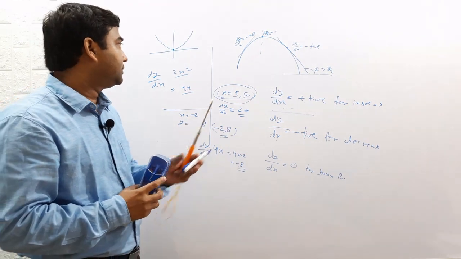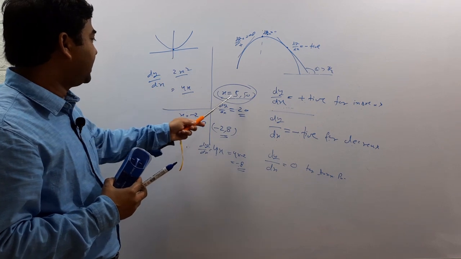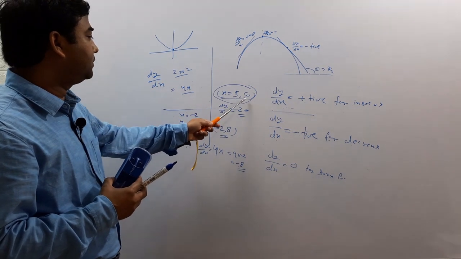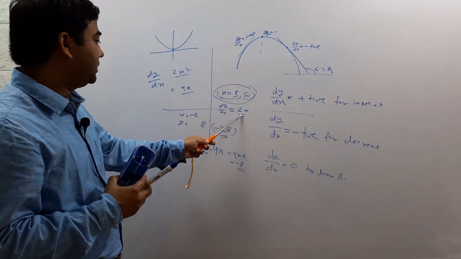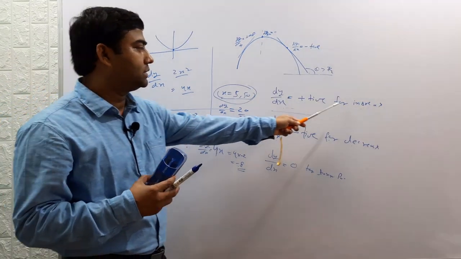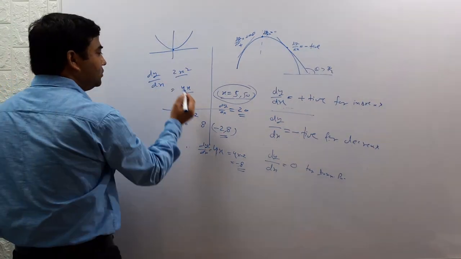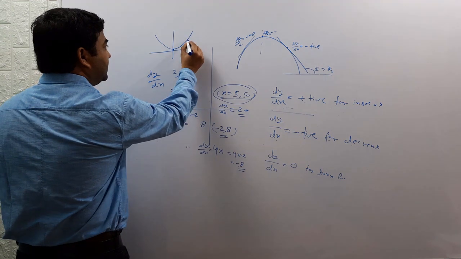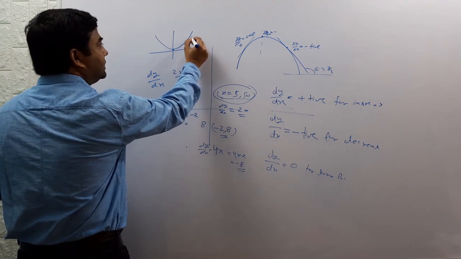You can say this function is increasing at this point 5, 50. At this point the derivative is 20, which is positive, so the function is increasing. Similarly, graphically you can also see 5, 50 is somewhere here. So here the function is increasing.